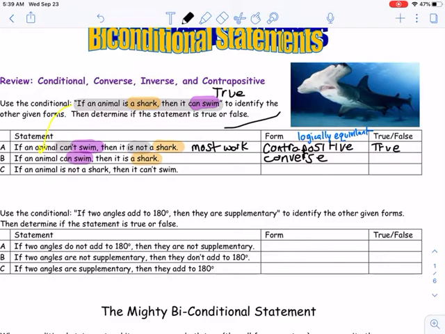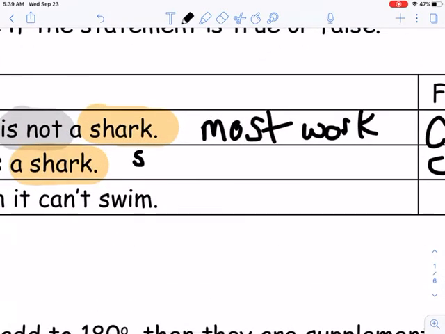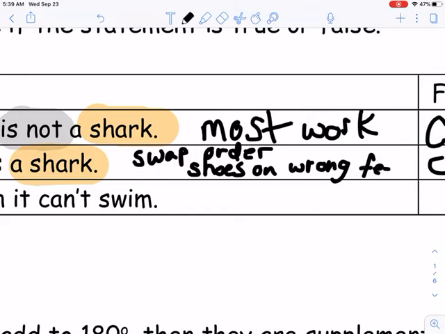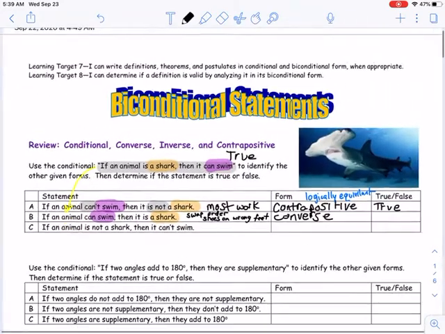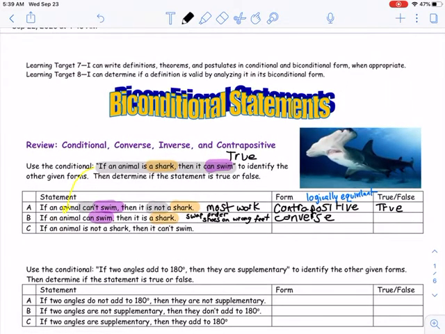Students say they like to think swap order, shoes on wrong feet. Whatever helps you remember.